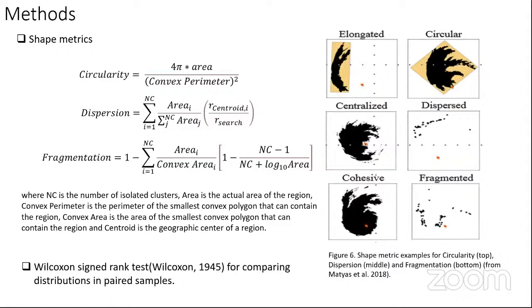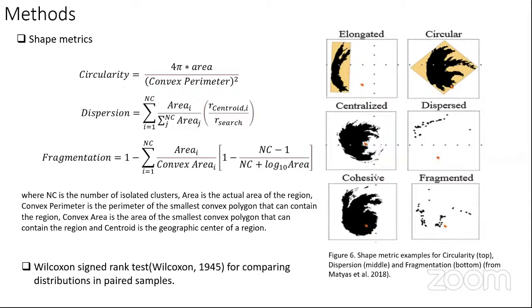When we get the rain field from the MSWEP and the TRMM, we calculate the shape metrics: circularity, dispersion, and fragmentation, using these equations. Here is an illustration about the meaning of these 3 shape metrics. Basically, circularity means whether it is round, and dispersion and fragmentation are critical measurements for the compactness of the TC.